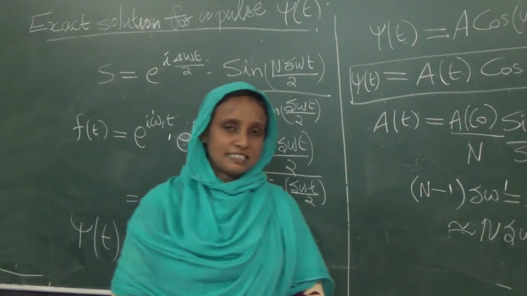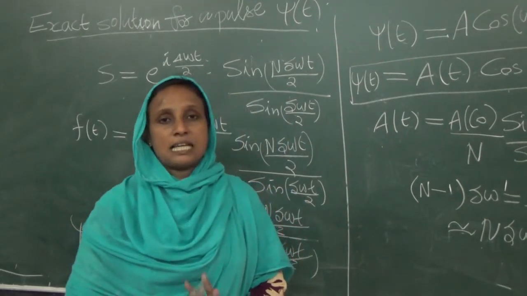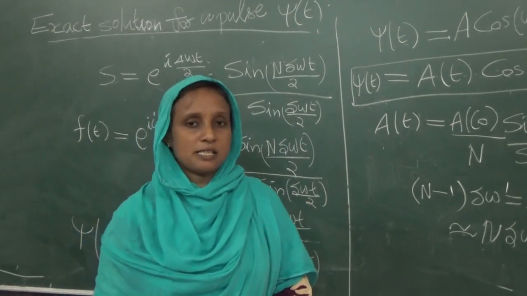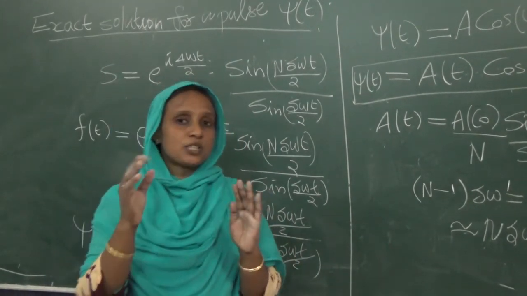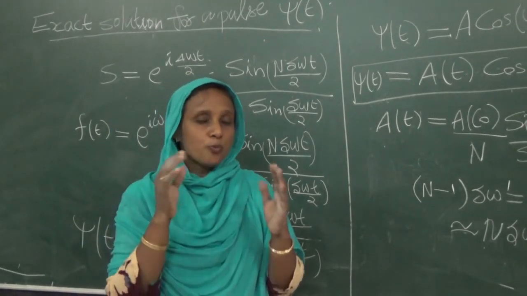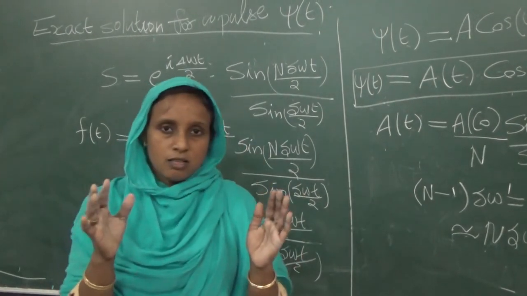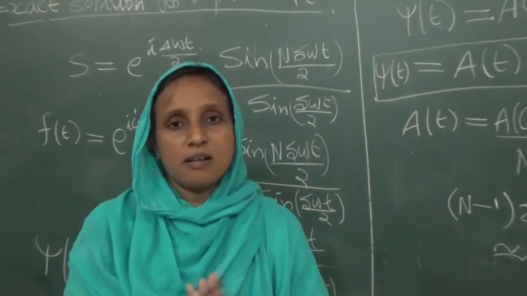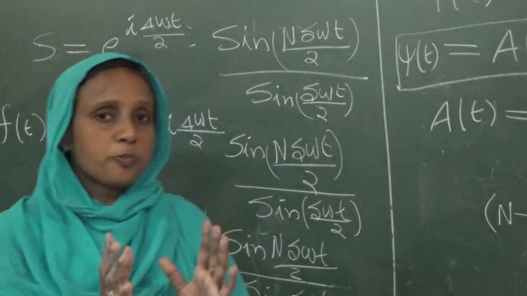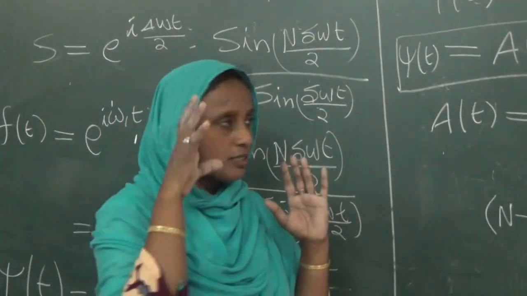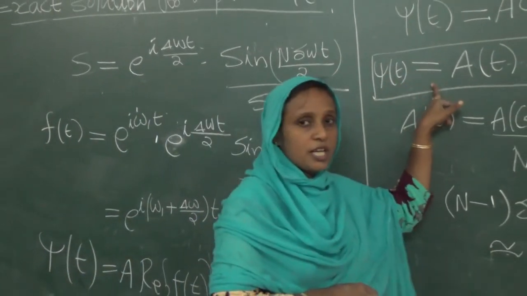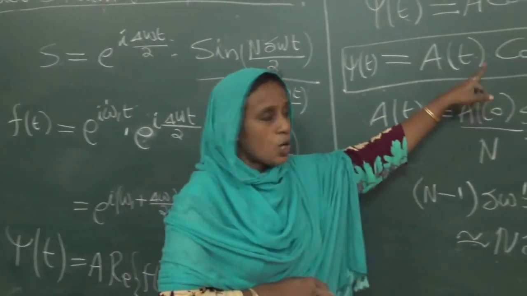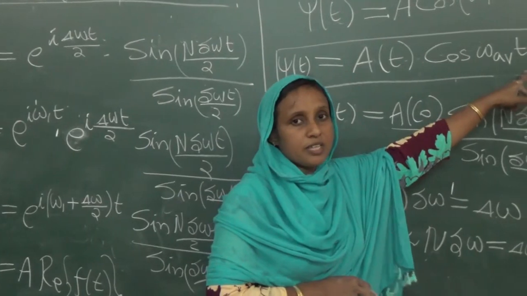So in this lecture we found the expression for a pulse. That means we assumed n frequencies of oscillation superimposing together and forming a pulse. Here the expression for the pulse is simplified into the form psi(t) equal to A(t) cos(omega_av t).